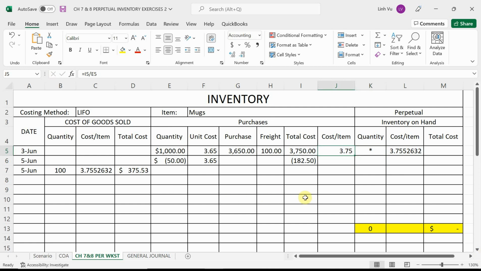Where is my cell at? Okay. And so if I am comfortable with leaving the total cost like how it was before, you can do that as well, and it still gives you the same answer.